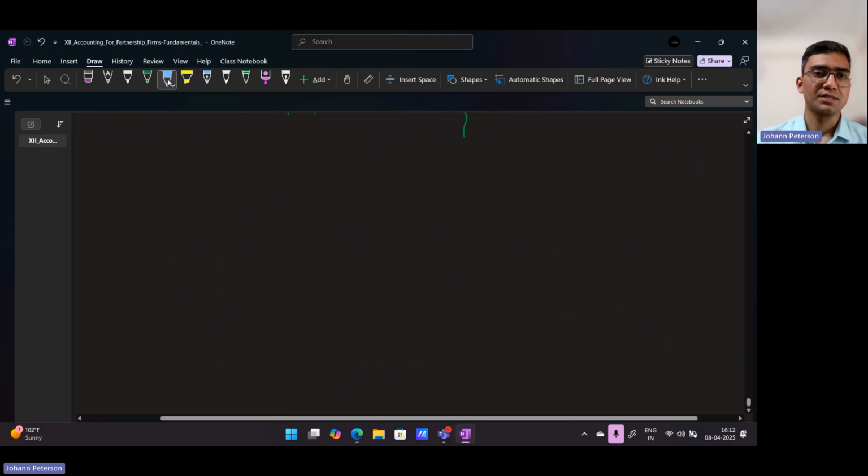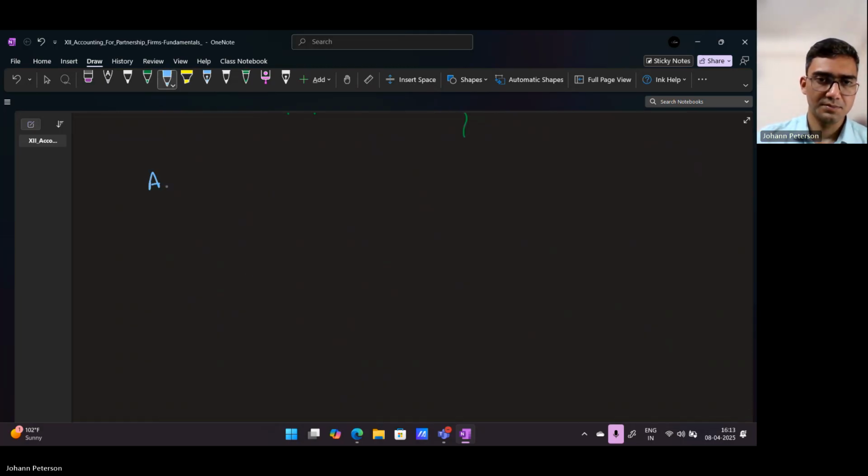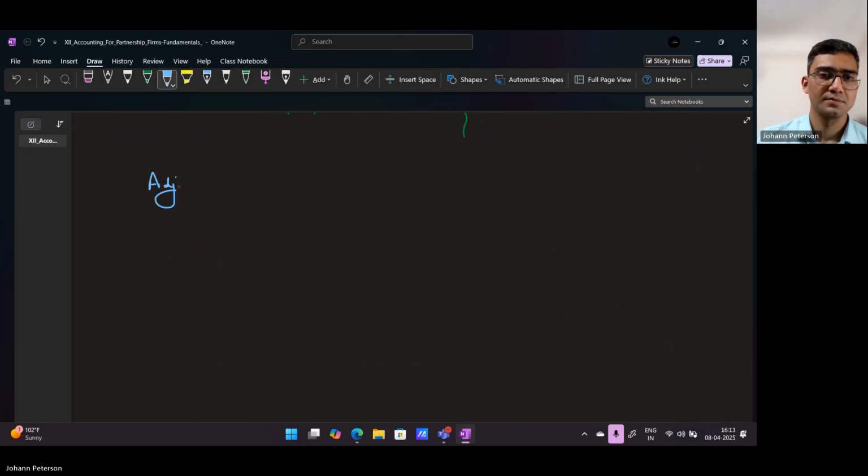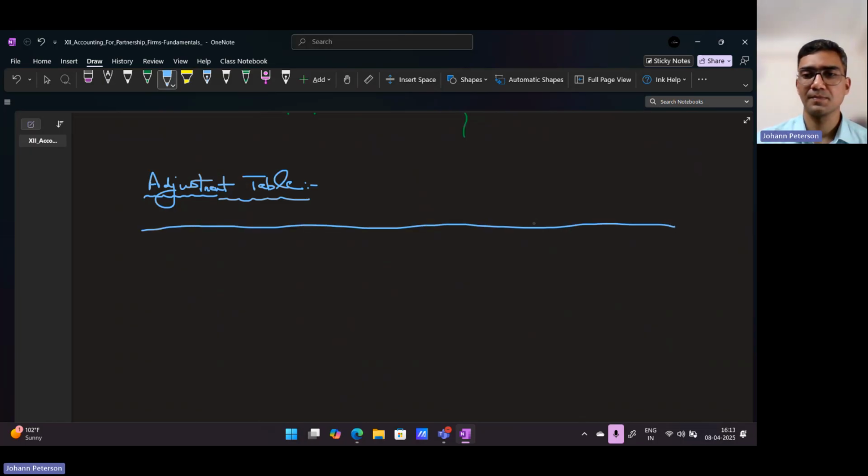So when we made the adjustment table, the first thing that we will do is for each of these partners, for M, for V, and for A, we will take back that profit which was given.